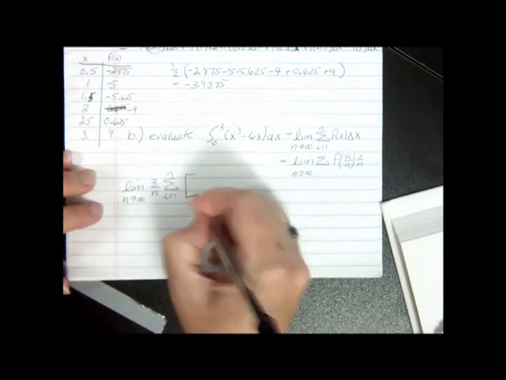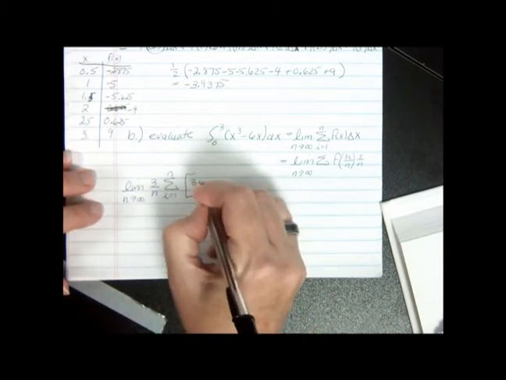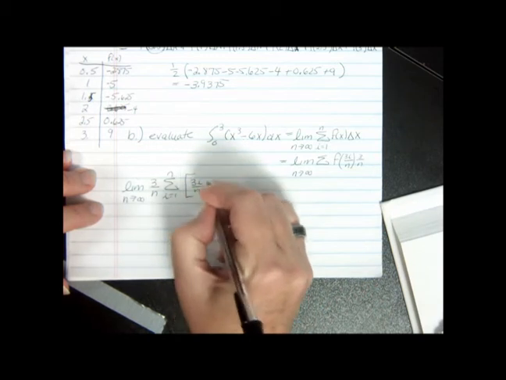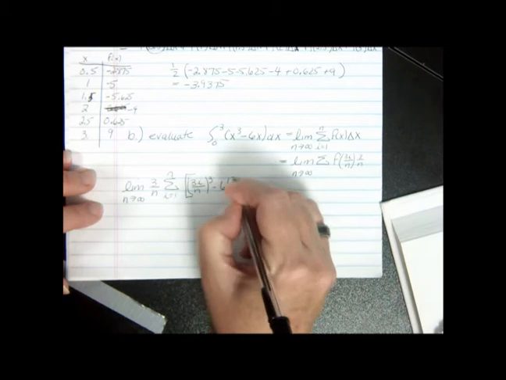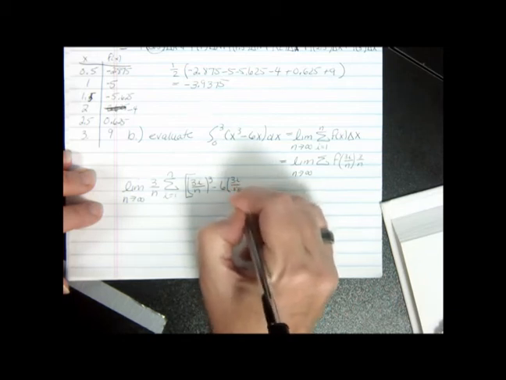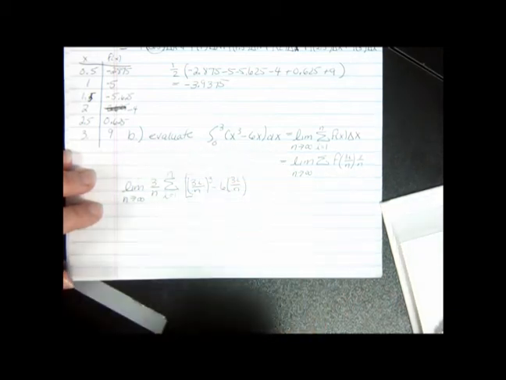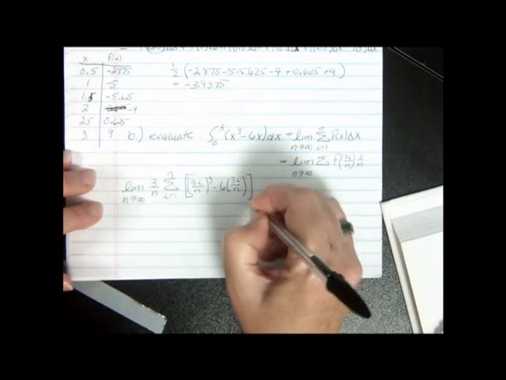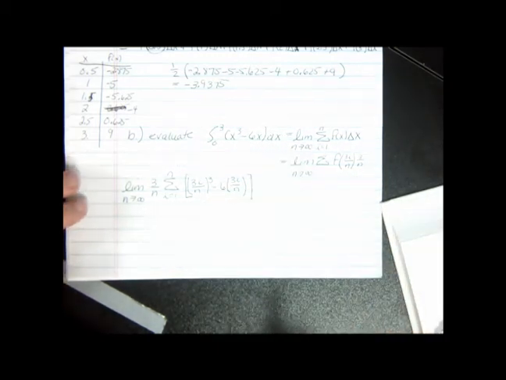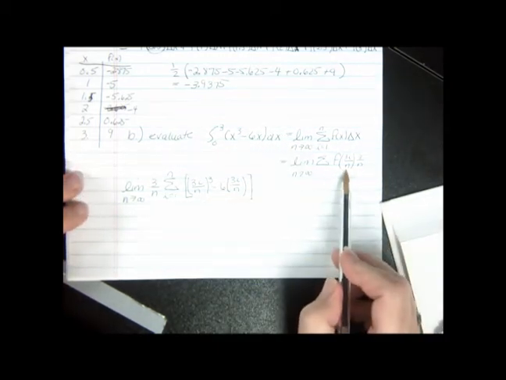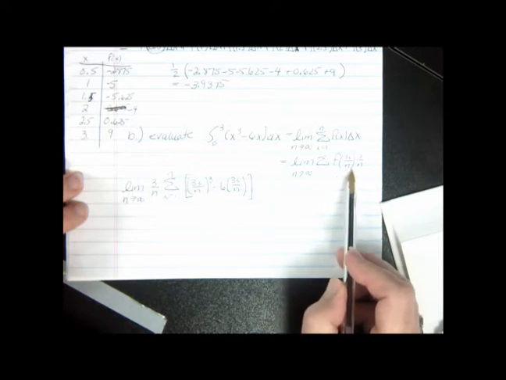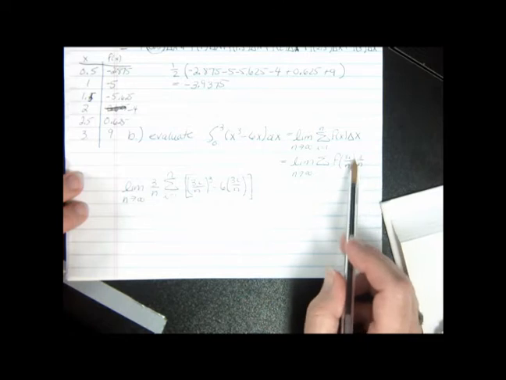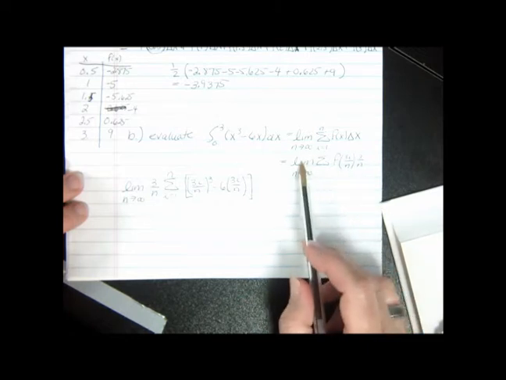I'm going to take my 3i over n quantity cubed minus 6 times 3i over n when I substitute it into my function. Okay, so I'm substituting this into my function. That's what this means right here. Put it in for x. And then this is a constant, so we're just going to put it on the outside.